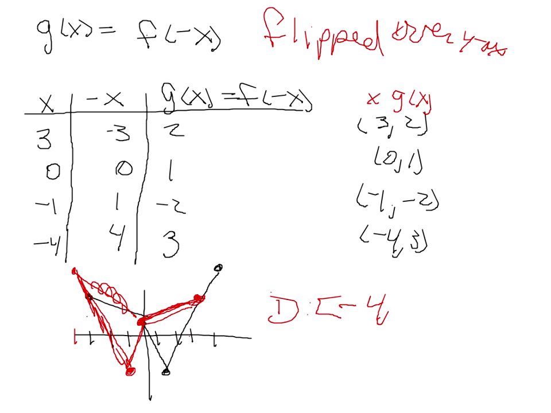So I take my original f of x domain, which was -3 to 4, and I multiply it by -1 to get -4, 3. So that's my new domain, and my range stays the same. Okay, last one.